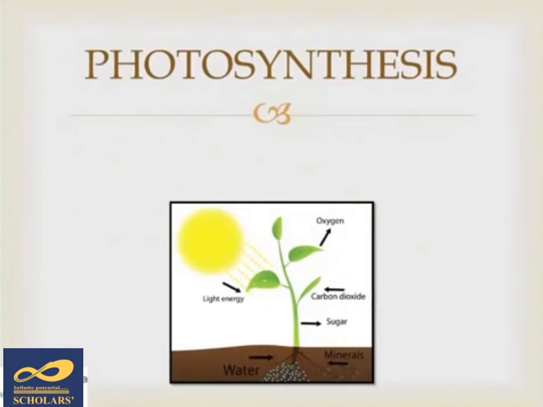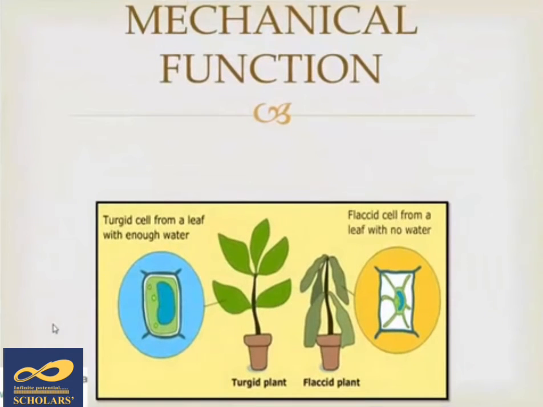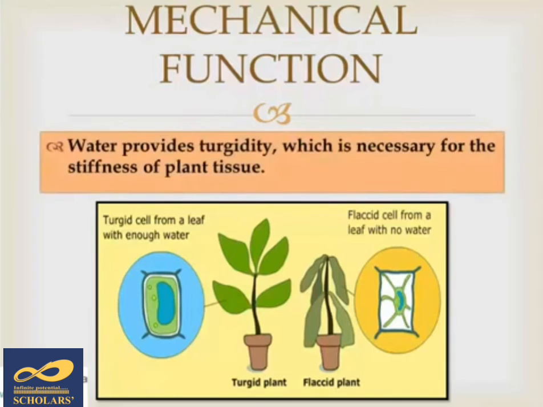Next is photosynthesis. Water is used as a raw material in the synthesis of glucose. The third purpose is mechanical function. Water provides turgidity, which is necessary for stiffness of plant tissues.